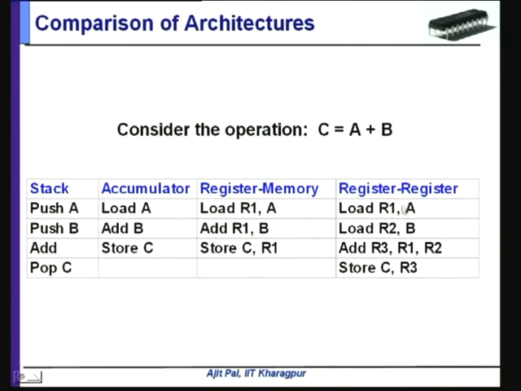Register R1 is loaded with the first operand, then you load the second operand in register R2. So this is essentially the load store architecture, and then you perform the addition. The result is stored in another register R3 by adding the content of R1 with the content of R2. Then you can store the result with the help of a store instruction in memory location C. So this is the register architecture or load store architecture. So we have compared four different possible architectures.